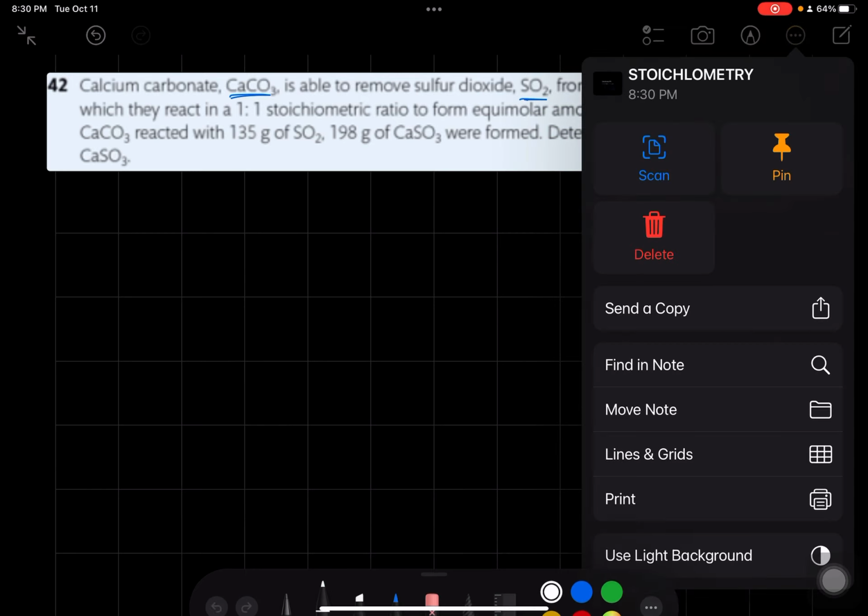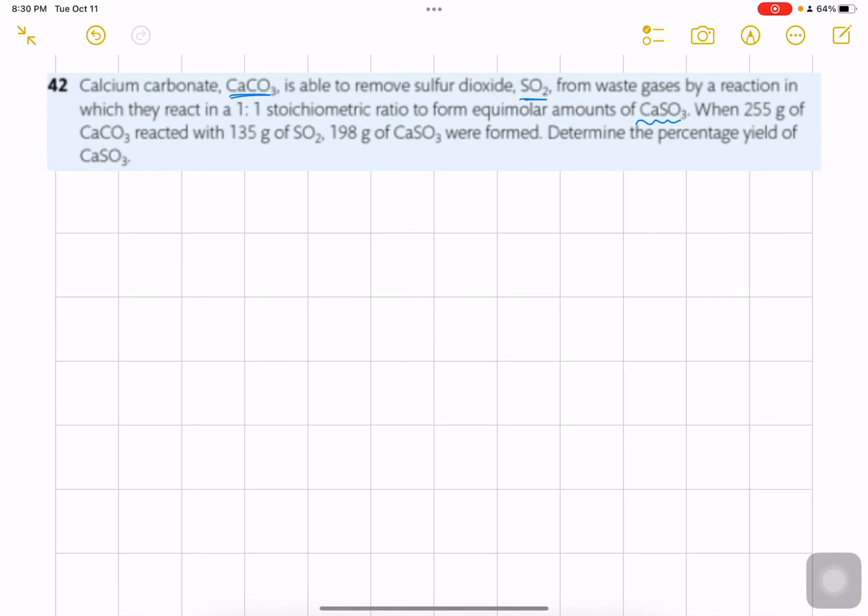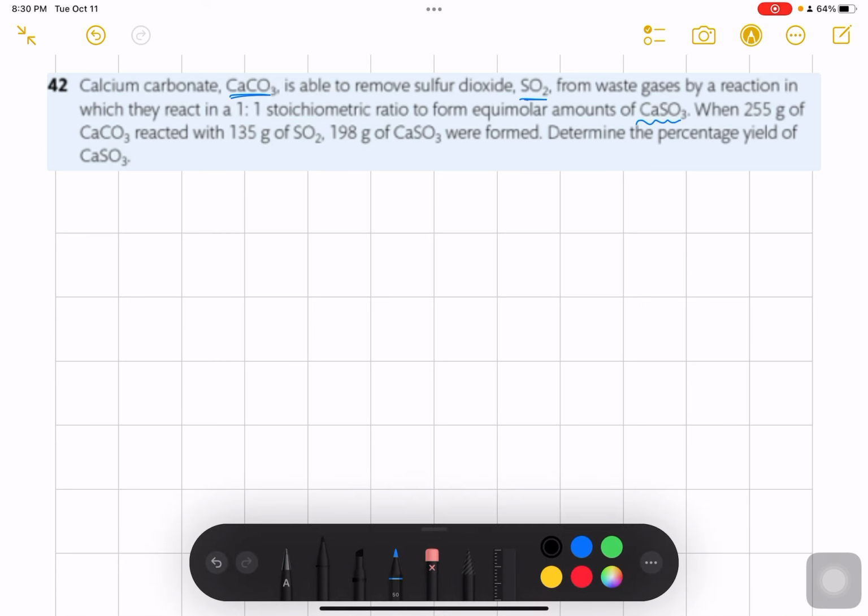So we have CaCO3, and we're adding that to SO2 to form, in a 1-to-1 stoichiometric ratio, equimolar amounts of CaSO3.